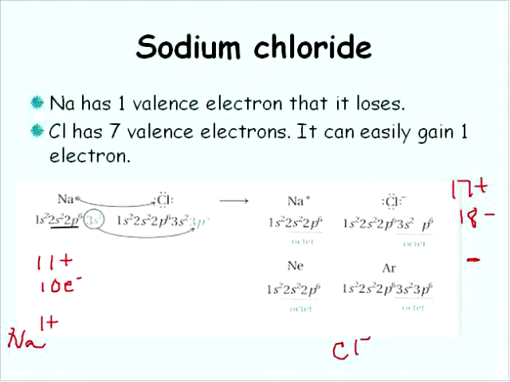Okay, so it's a transfer of electrons. We have sodium losing 1 electron, and the chlorine is picking it up. It goes from 3p5 to 3p6, so it gains an electron. And now it has that plus and minus, and that attraction holds it together.